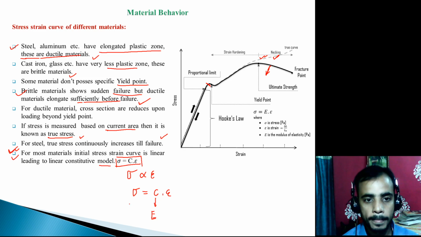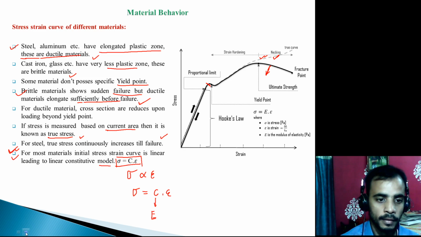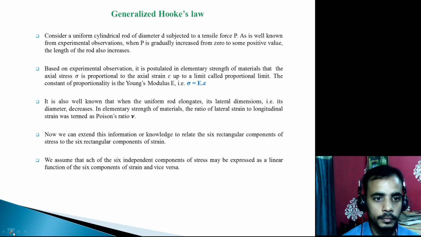Within the elastic limit the stress is directly proportional to strain. So this is the constitutive model, sigma equal to C into epsilon. Clear?